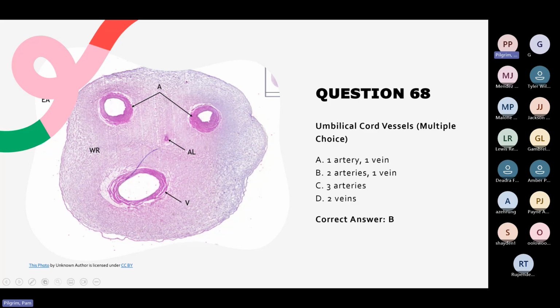The answer is B. And they are actually opposite as what they are in the adult body. I always get confused, but the arteries are smaller and there's two of them, and the vein is the larger one.